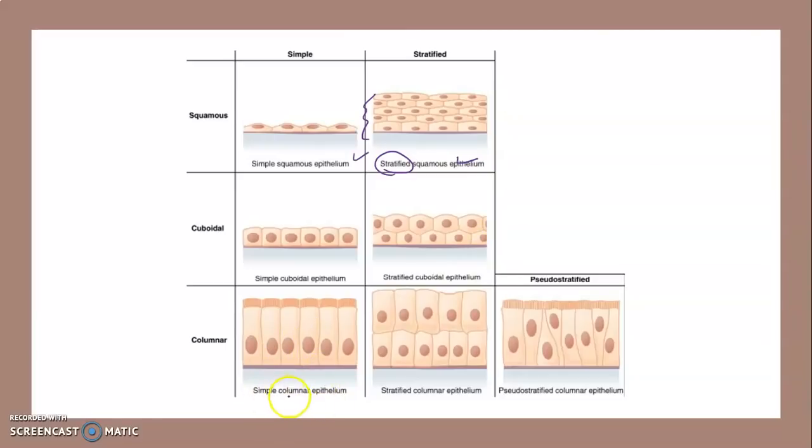The simple columnar consists of one layer of columnar cells, with cilia or villi, and the stratified columnar, of course, consists of more than one layer. The pseudostratified consists of one layer, but with a different height of the cells.